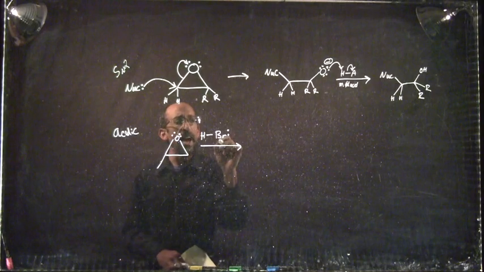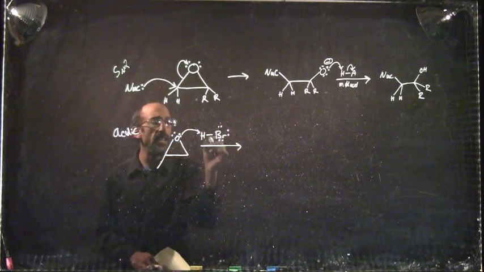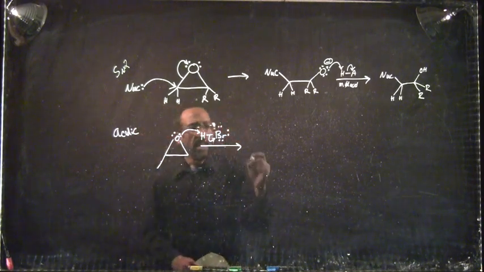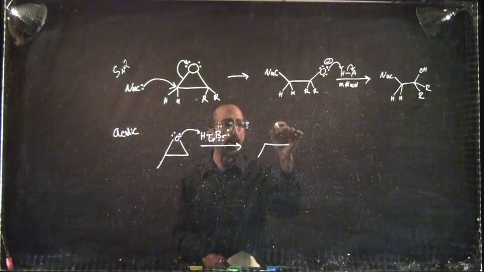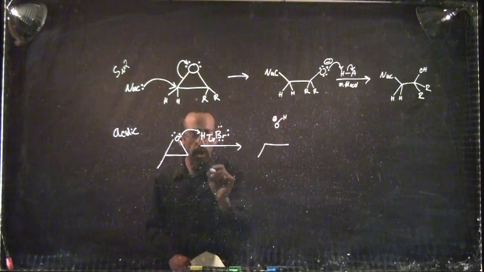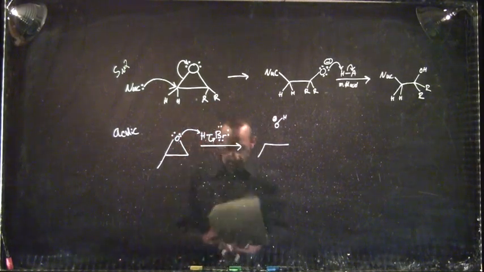So the first thing that happens is that our oxygen is going to get protonated by that strong acid we have, right? And so now we have what I like to call potential for a pseudo SN1, right? We're going to see that pseudo SN1 here in just a second.